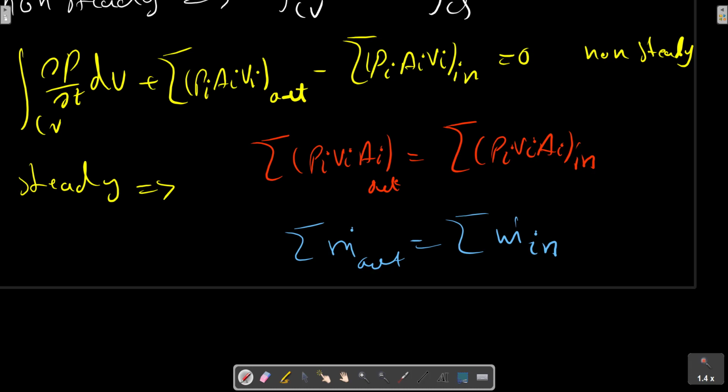If the inlet and outlet are not one-dimensional, one has to compute m dot by integration over the section area by this formulation.